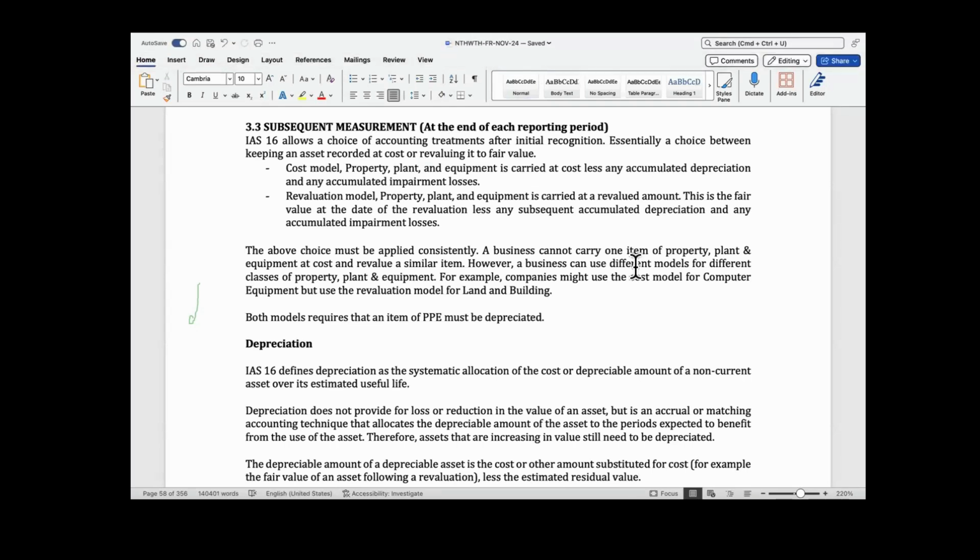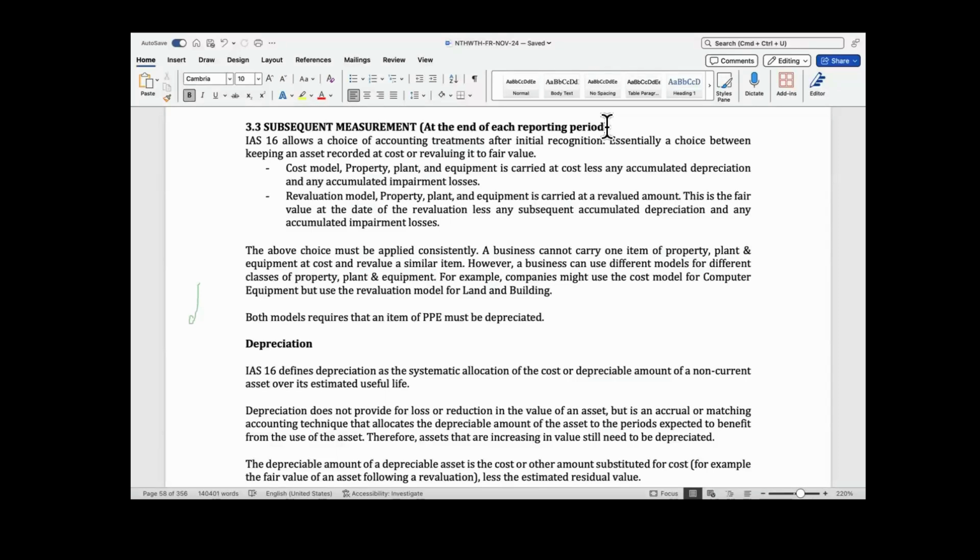Now the next one is subsequent measurements. Don't forget, I told you that when it comes to measurement, we have initial measurement, which is the measurement at the date of the transaction. And we also have subsequent measurement, which is measurement at the end of the period or at the end of the year.